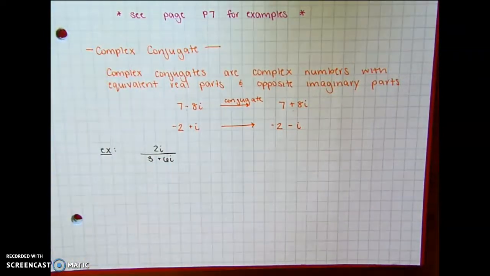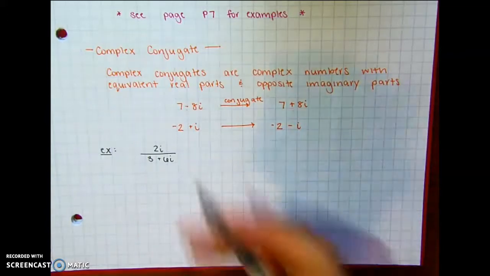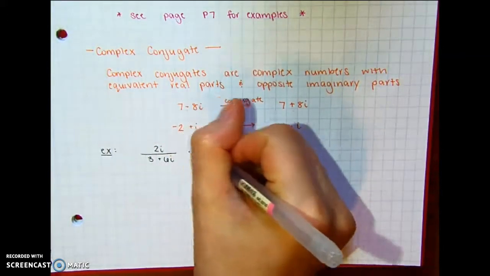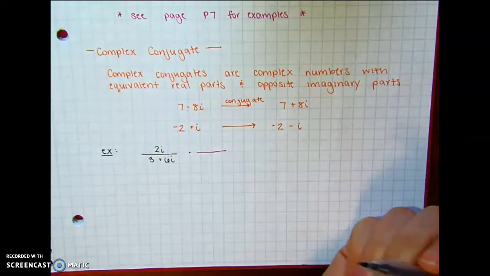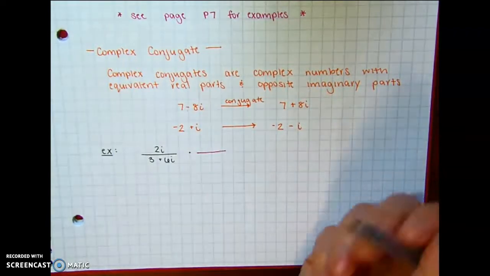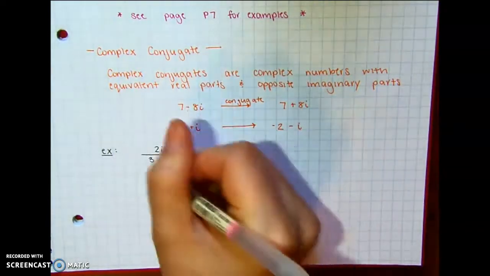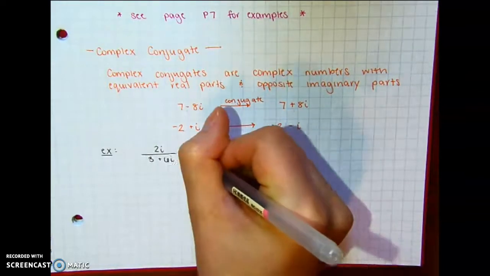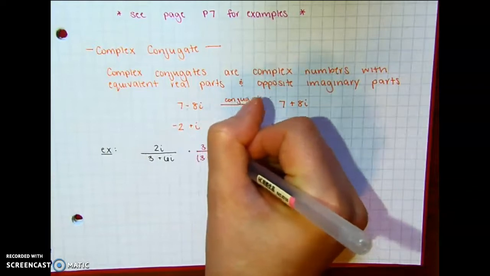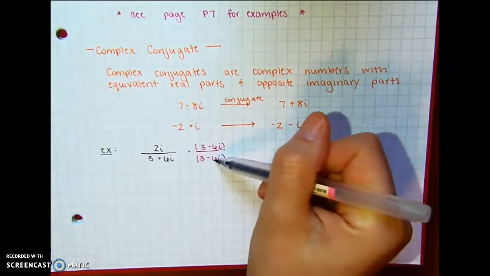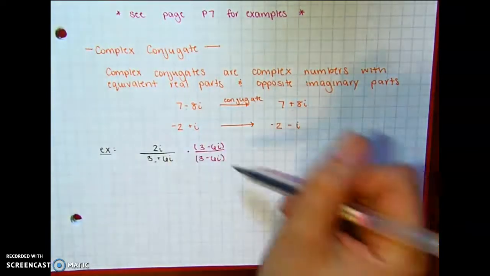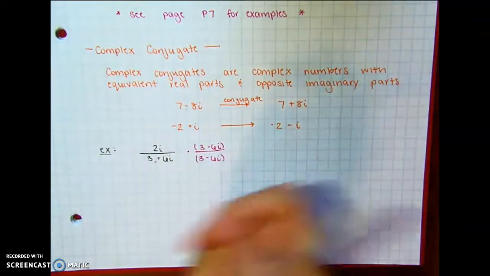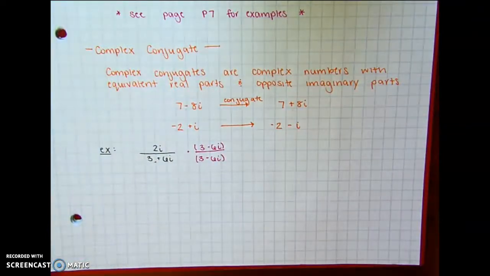So what you can do is you can be sneaky and multiply by 1, which you're not actually multiplying by 1. But something over itself, right? 2 divided by 2 is 1, 3 divided by 3 is 1. So we'll multiply by the conjugate. So that'll be 3 minus 6i. And so if we multiply it in the denominator, we multiply it in the numerator, so that's why we're kind of just multiplying it by 1. It's just being super sneaky.